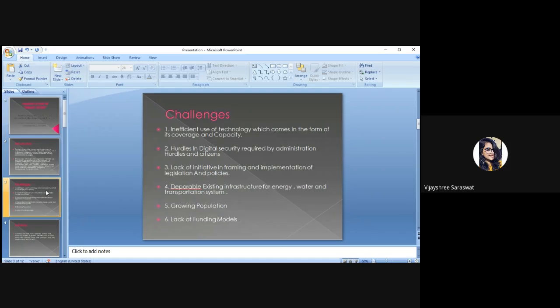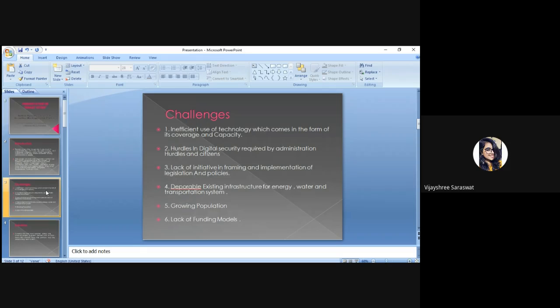This concept has many challenges. Firstly, inefficient use of technology, which comes in the form of its coverage and capacity. Second, hurdles in digital security required by administration and citizens. Third, lack of initiative in framing and implementation of legislation and policies. Fourth, deplorable existing infrastructure for energy, water, and transportation systems.